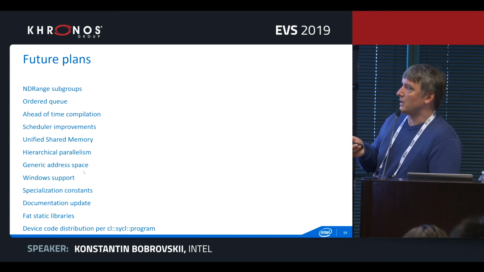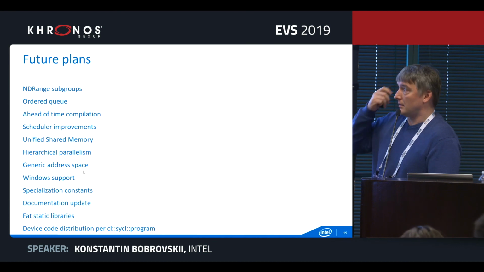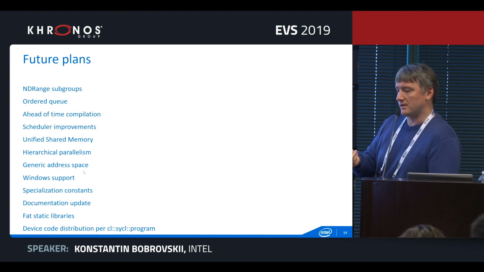Hierarchical parallelism, which I mentioned, is also in the works. Generic address space handling. So basically, as in OpenCL, SYCL defines certain address spaces like global, local, private, constant. But sometimes it's not very convenient to manually track which pointer you have.